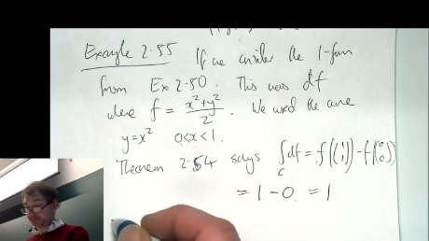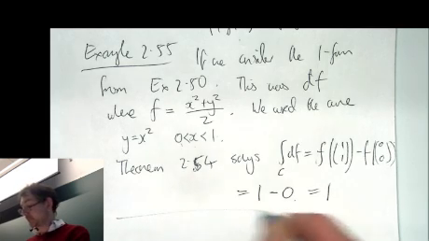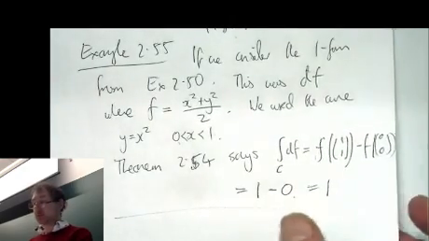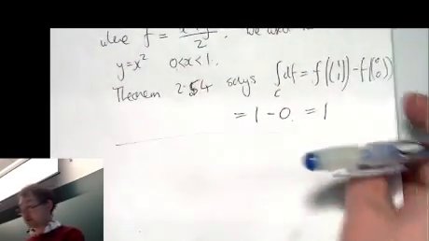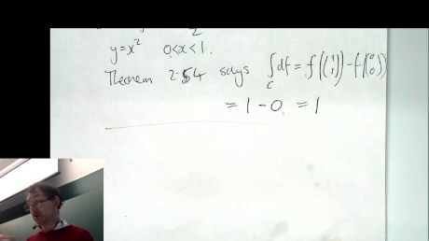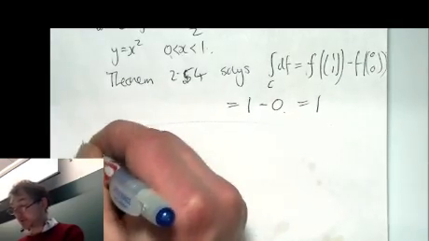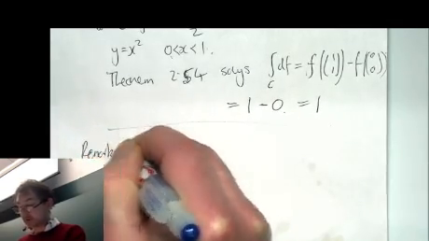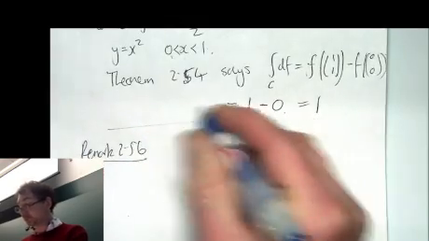So that means that you don't have to do any complicated integrals. No matter what the curve you're given and how complicated the parameterization is, you can very easily just write down the answer. So that's the content of Remark 2.5.6.